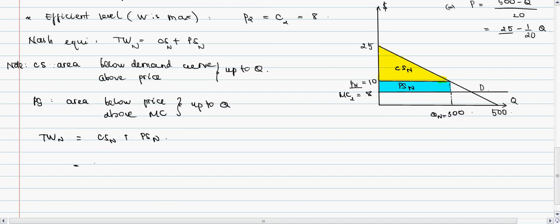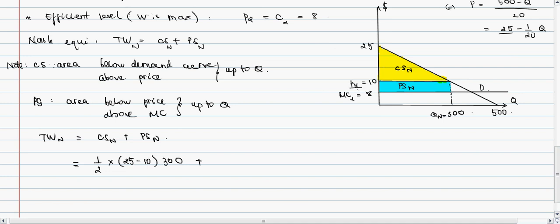Now consumer surplus is the yellow triangle over here, and to calculate the area, we just have to take half of the vertical multiplied by the horizontal. So now the vertical is the difference between 25 and the price, which is 10. Okay, and the horizontal is just the quantity that the consumer is buying from the firm, which is 300. Okay.